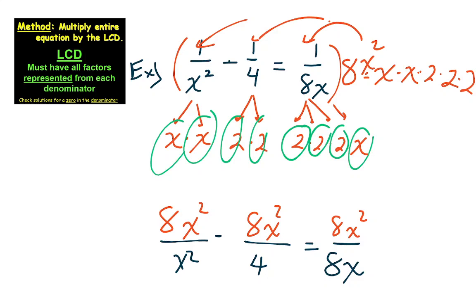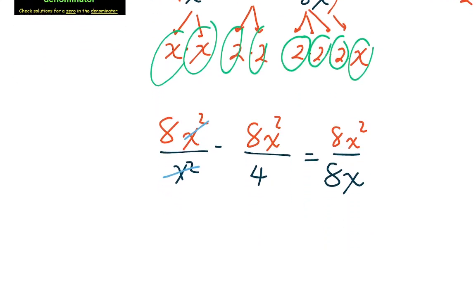But I want you to see how I multiply the 8x squared to each numerator, and how that allows us to cancel each denominator. If you do this right, you're always going to get your denominators to cancel. You might still be left with some stuff in the numerator, like this minus 2 and the x squared, but it's the denominator that's going to cancel.